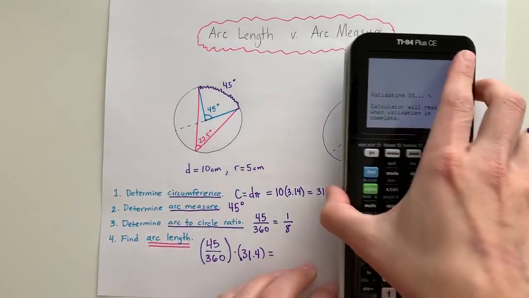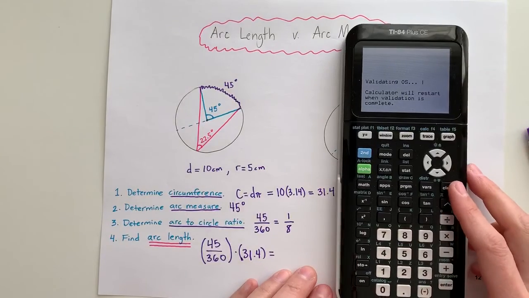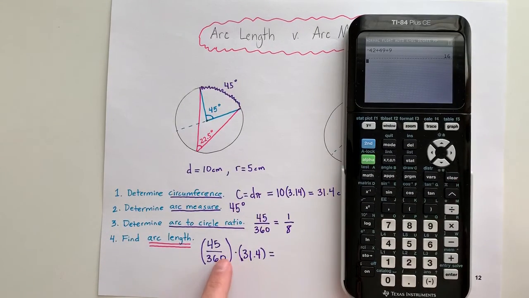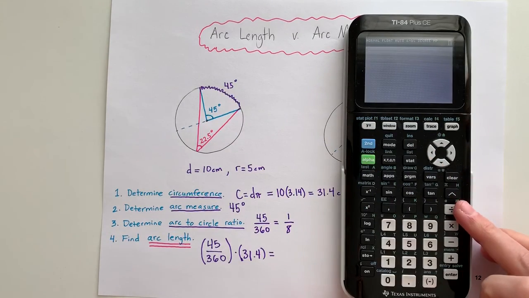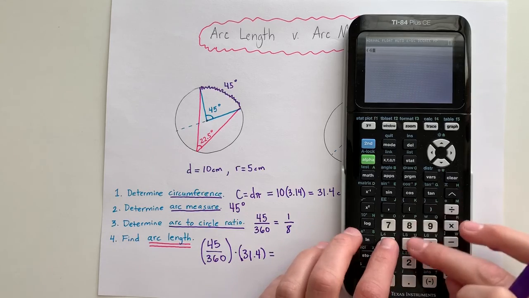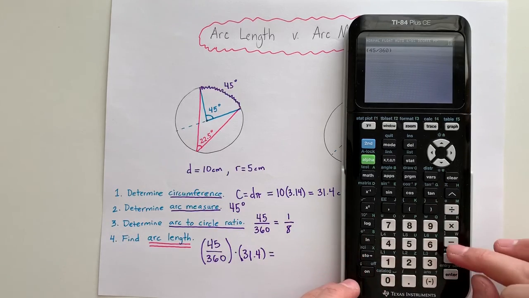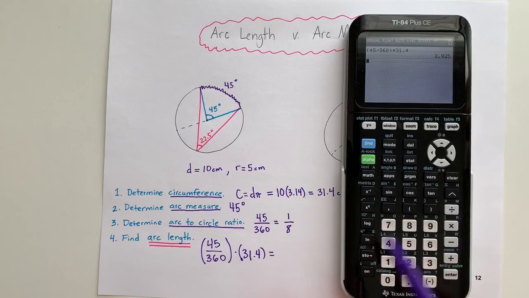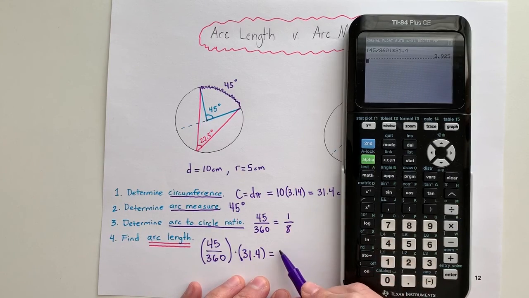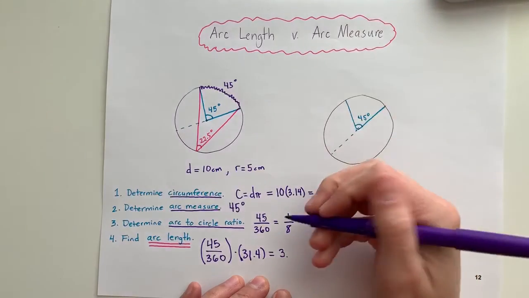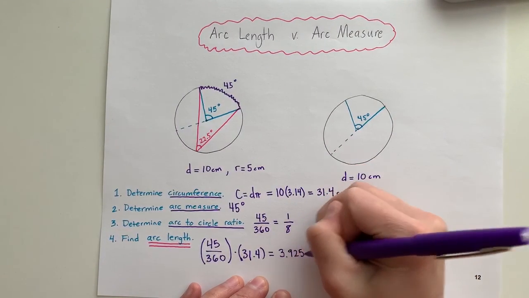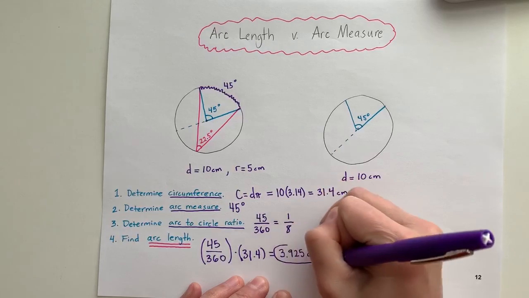So once I take 1/8 of that 31.4, I have now found the length of that arc in centimeters. So I've got 45 divided by 360 times 31.4. So 3.925 centimeters is my arc length.